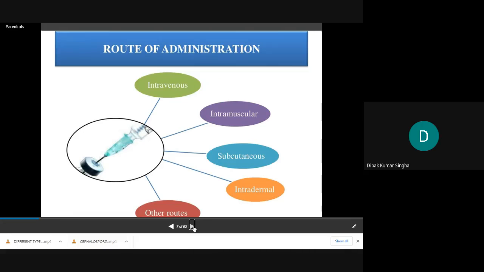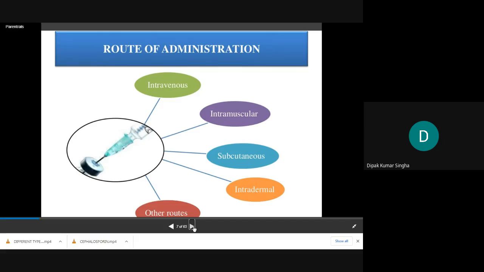Next, what are the routes of administration?